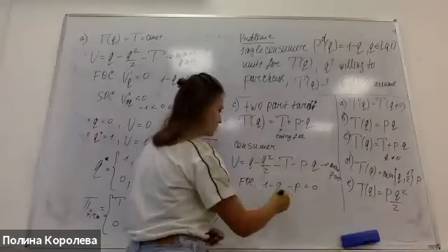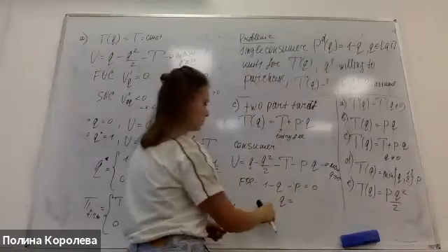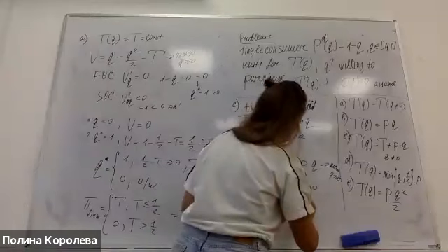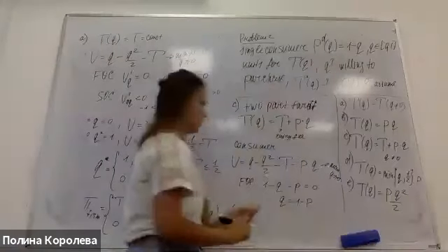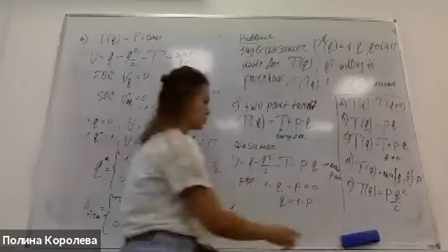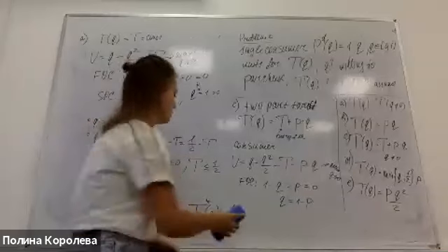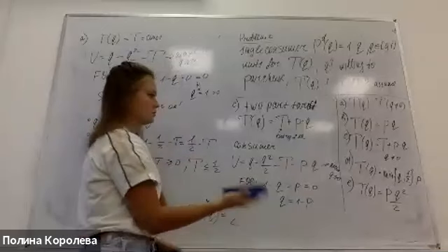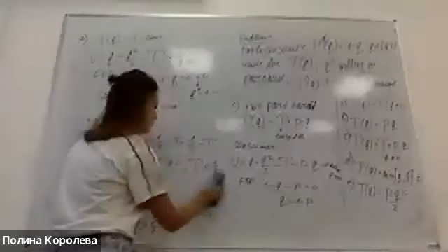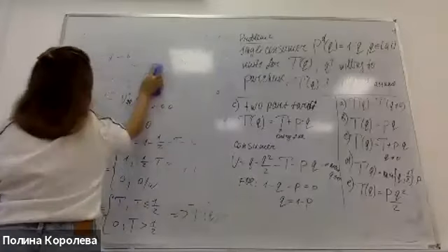From here we see that we speak about the simple demand, 1 minus P, because the entry fee is constant. It is from the first order condition. You should check the second order condition by yourself. It's always okay. Let's move on.